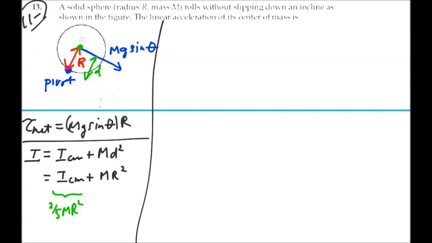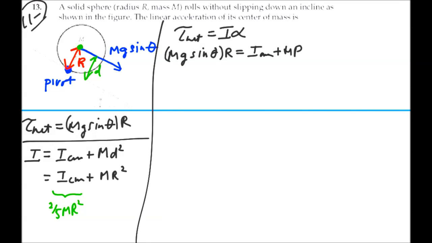Alright, so our net torque is equal to the moment of inertia times the angular acceleration, and this should be true in general. And our net torque, as we calculate it, is mg sine theta times r. And that is equal to the moment of inertia, which is the moment of inertia of the center of mass plus mr squared, times the angular acceleration alpha.